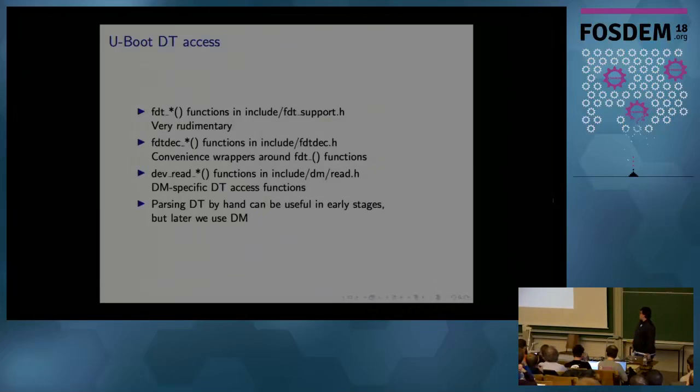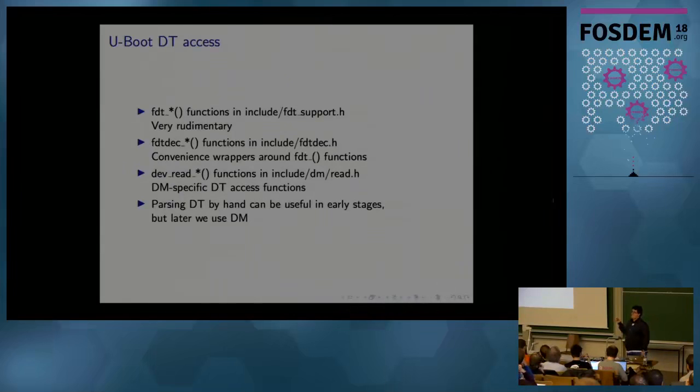So we simplified that. That's why we have the fdtdec functions, and they basically just pull out all the boilerplate from the fdt functions, so you can conveniently access the device tree nodes and pull out strings, values, and so on out of them easily.